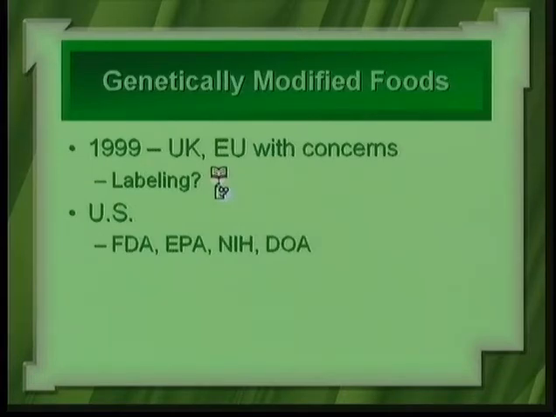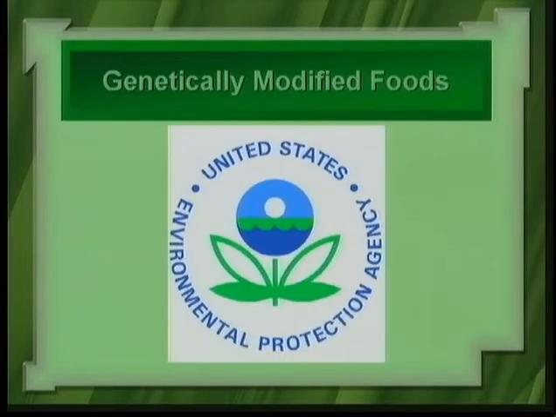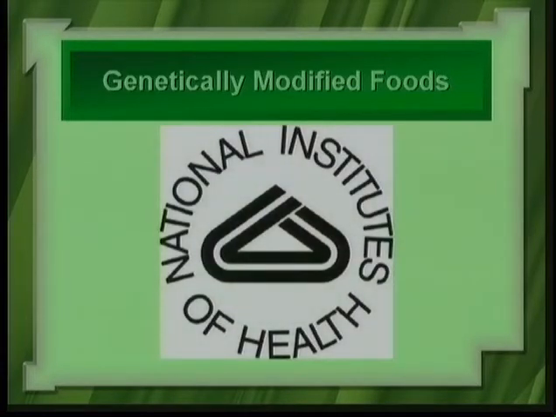And that doesn't mean dead on arrival. That means the Department of Agriculture, okay? So here we have the symbol for the FDA, the symbol for the EPA. These are the governmental agencies that have oversight over these issues. The National Institutes of Health, okay? I guess they're headquartered in Atlanta, Georgia.